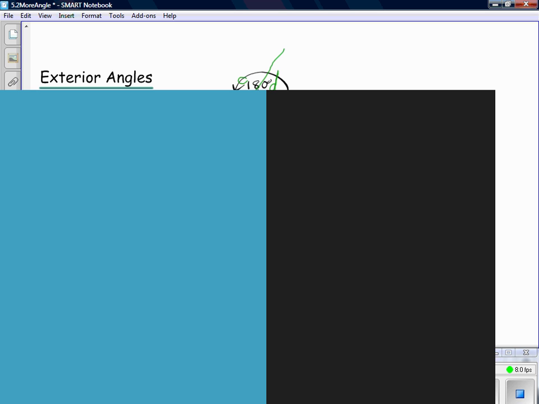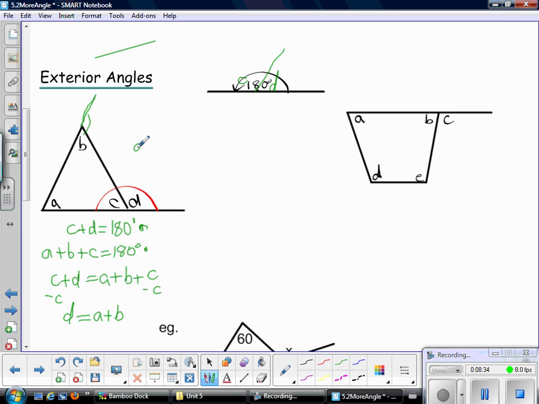So what we found was D, this angle D, actually equals A plus B. Okay. Now, if you can't remember that, that's okay because you're capable of actually figuring it out using what I just did here. So you could actually figure it another way.